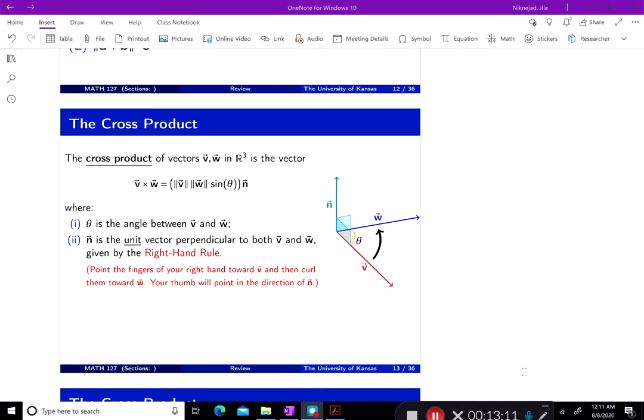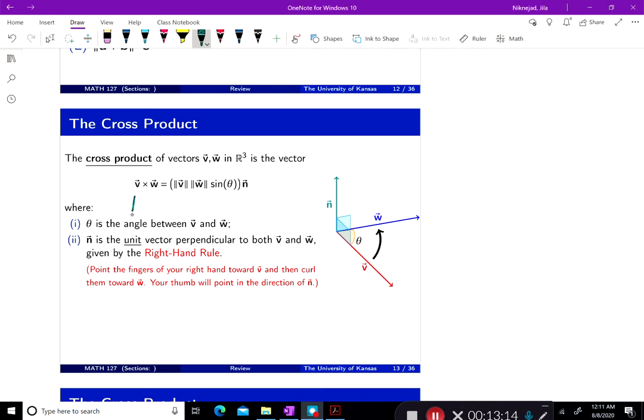That is, V is the first vector, W is the second vector, and if you put all your fingers from V to W and stick your thumb out, the thumb is in the direction of N. That's basically giving a thumbs up, going from V to W with all the fingers but the thumb, and then the thumb is up in the direction of N.